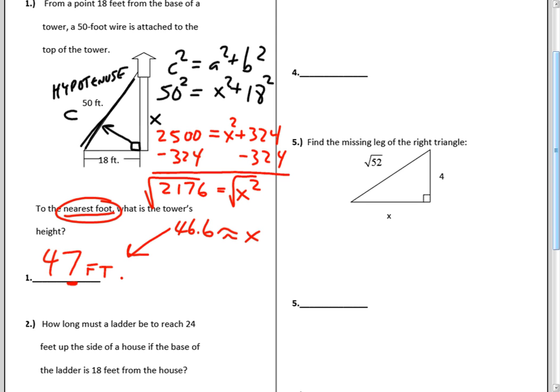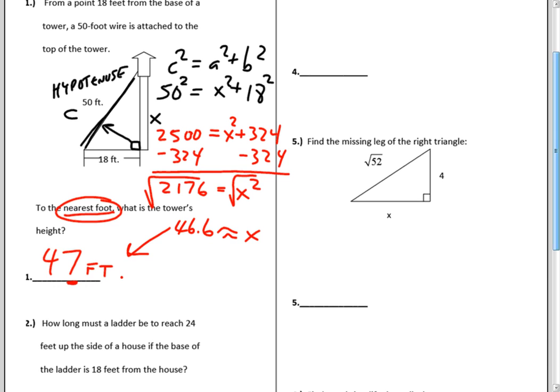On this paper, I want to know what it was you did wrong. Did you put this in the wrong spot? Did you have 250 instead of 2,500? Did you get to this and then you decided you wanted radicals when I didn't want radicals? Tell me what you did wrong.